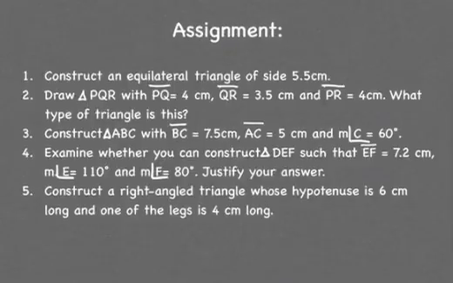Now for the assignment, children. These assignments are consolidated from exercises 10.2 to 10.5. Try to work out all by yourself. The answers will be provided in the PDF attached along with the video.